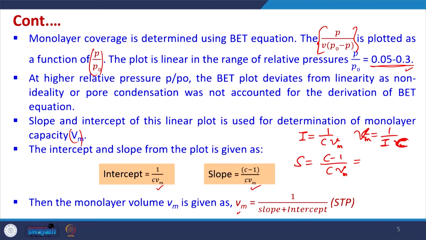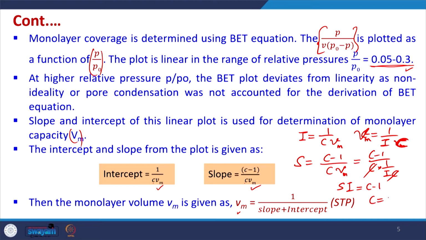Because we need to find out the Vm, if we keep Vm here, Vm is equal to 1 upon I C. So, C goes off, and S into I is equal to C minus 1.